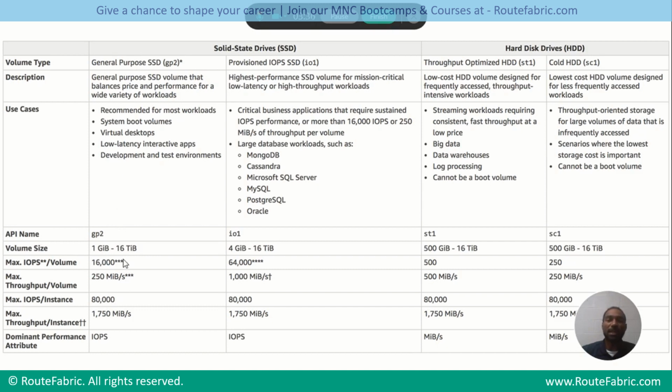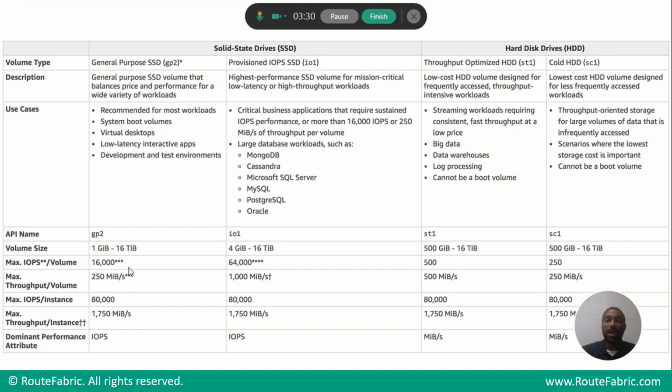And here are some of the limitations. The volume size, the max size, 16,000 IOPS is very key to note. Next is provisioned IOPS SSD, IO1. If you are working with mission critical data and you need low latency and high throughput, you want to select provisioned IOPS SSD.